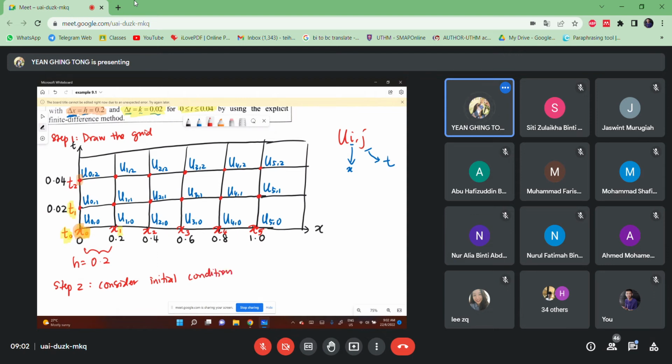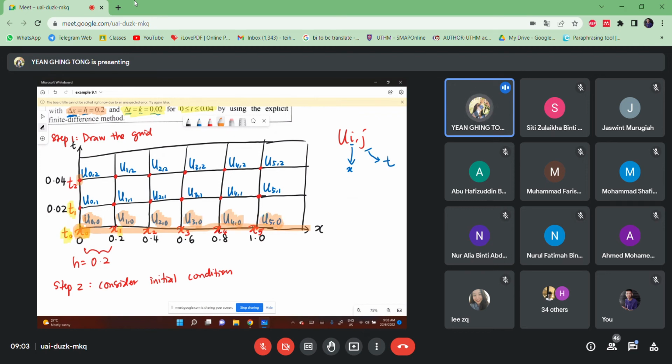Okay. So the initial condition, what is initial condition? It mean the value of this one. That mean the value of U00, U10, U20, U30, U40, and U50.